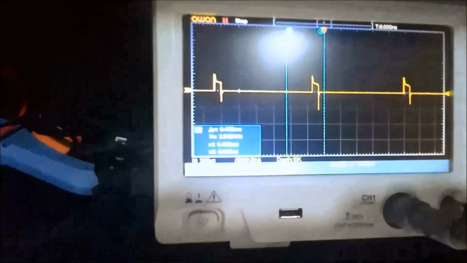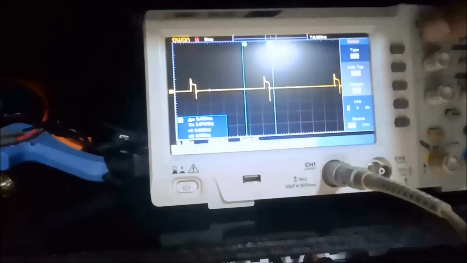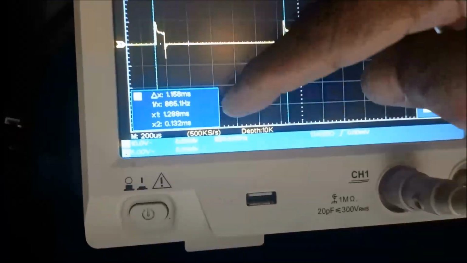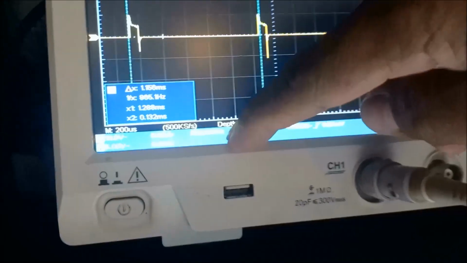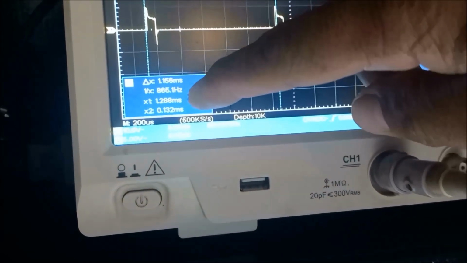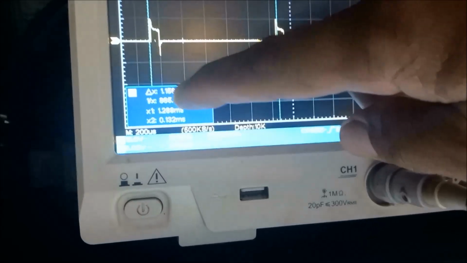And then for the frequency, using the A and B mode, X and Y, we have a frequency of 885.1 Hertz.